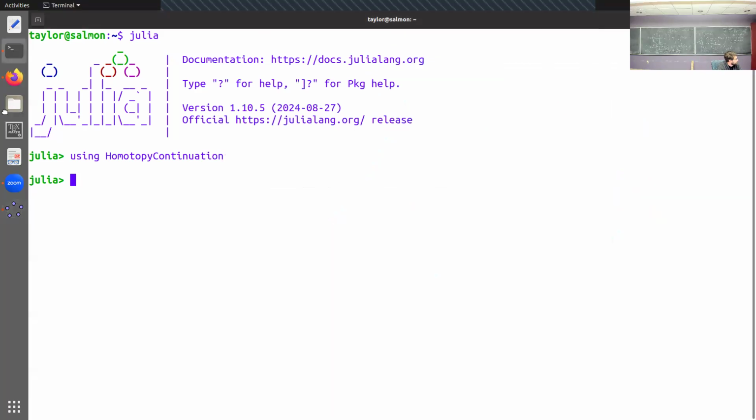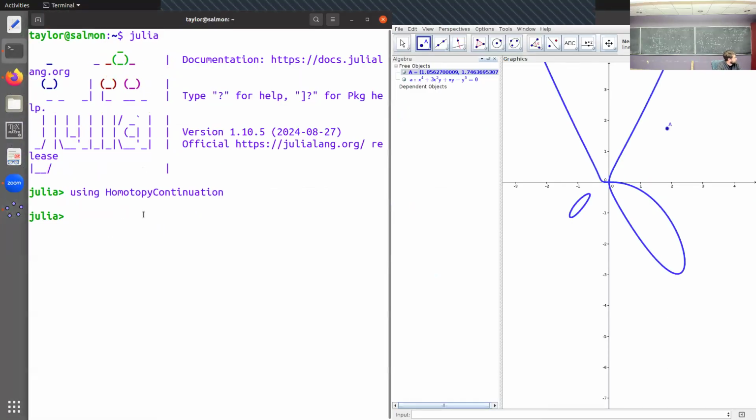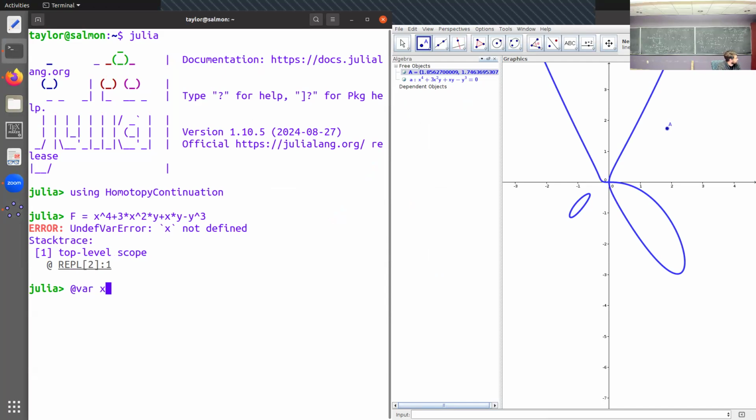Okie doke. F is x to the fourth plus 3x squared times y plus x times y minus y cubed. What the heck is x and y? Okay, as long as I have x and y here, I'm going to need some lambdas.